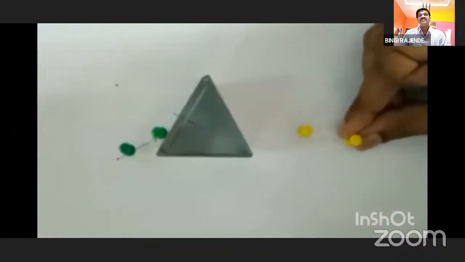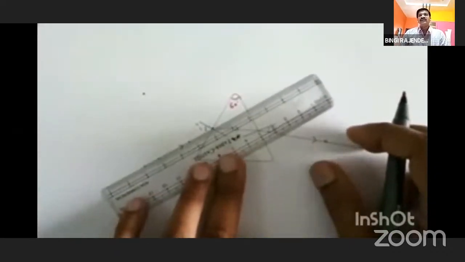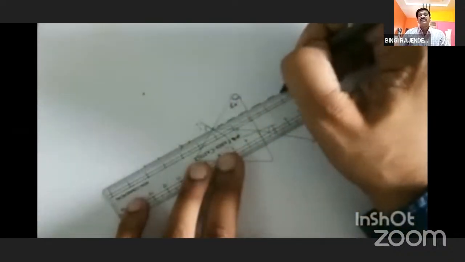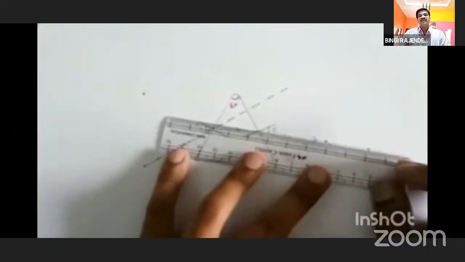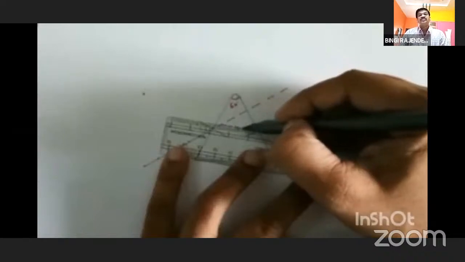We draw a line, that is the incident line, and put the prism once again on the outline and observe the image of the pins from the other surface. We observe that area, put the yellow pins and draw the line that is known as the emergent ray. We draw the M and N lines, and also extend the incident ray and emergent ray.